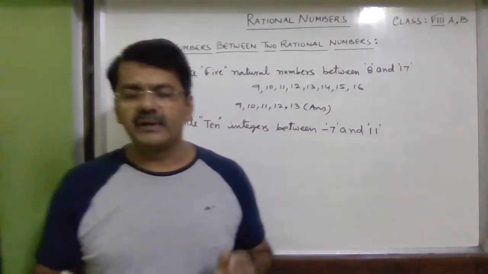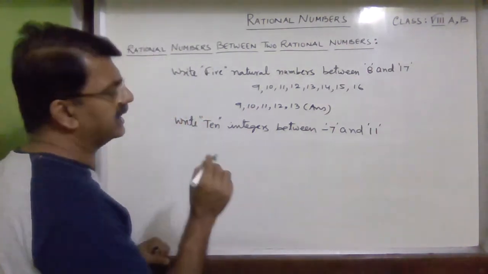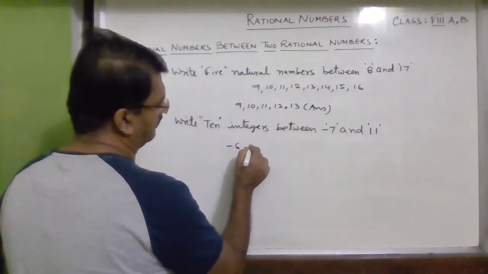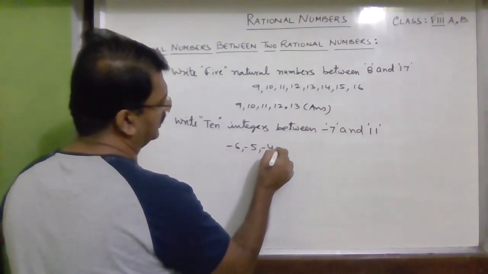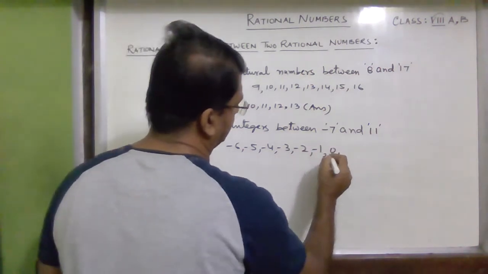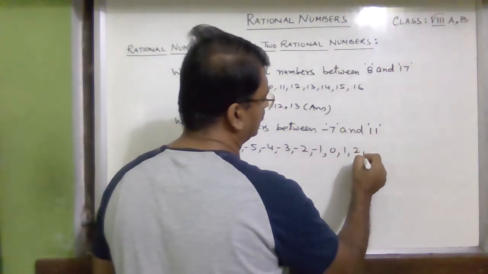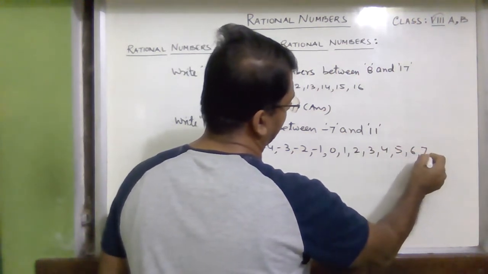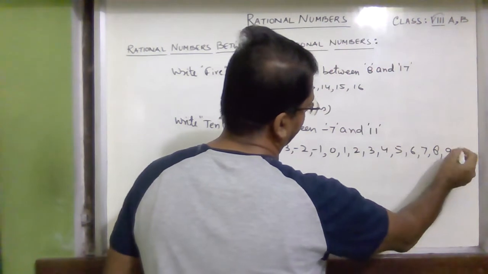Now, between -7 and 11, what are the integers between -7 and 11? It is -6, -5, -4, -3, -2, -1, 0, 1, 2, 3, 4, 5, 6, 7, 8, 9, 10.